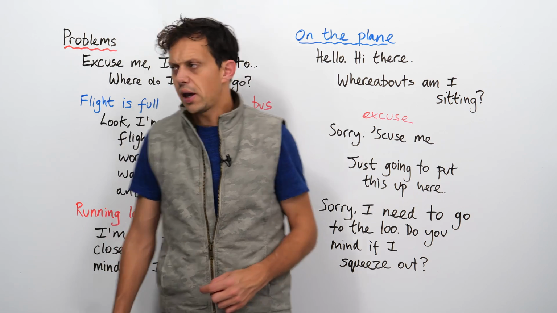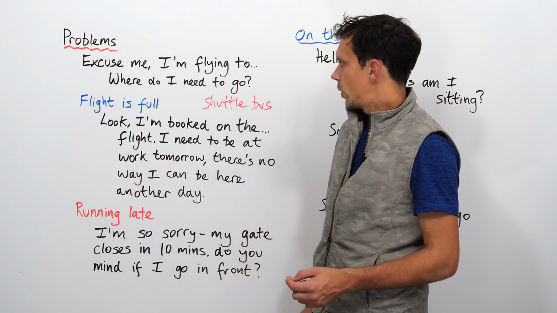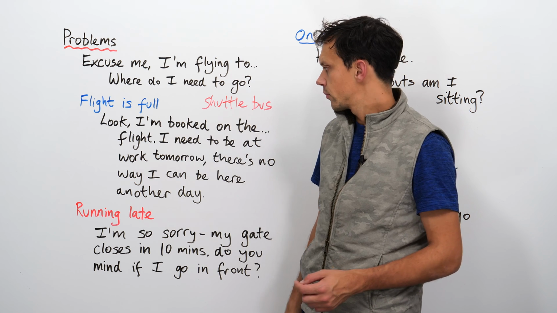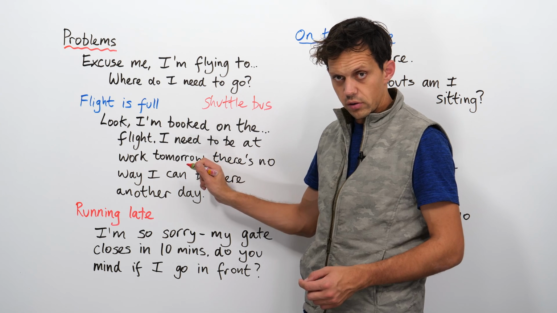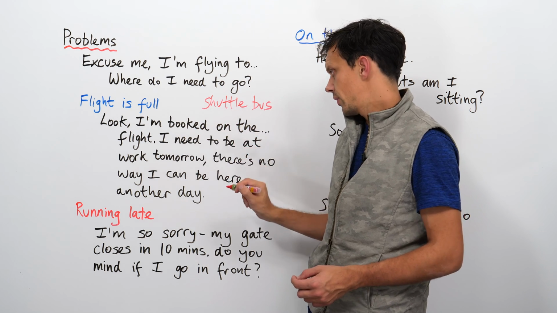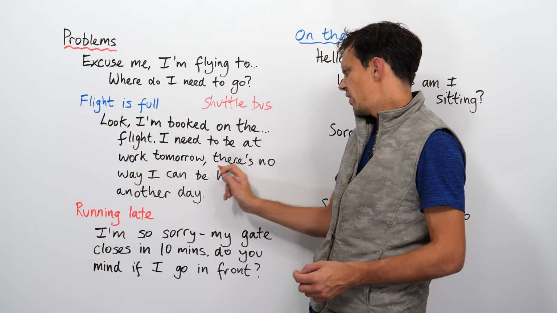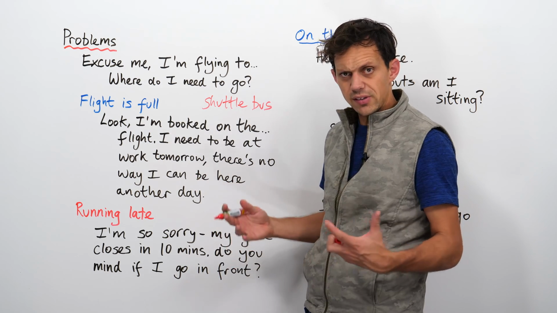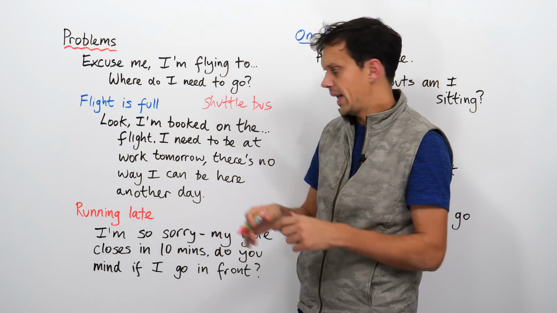Okay, so now we can ask for directions. We can ask to go on the flight. Look, I'm booked onto it. Is there no way? There's no way I can be here another day. Please help. I need to be on that plane.